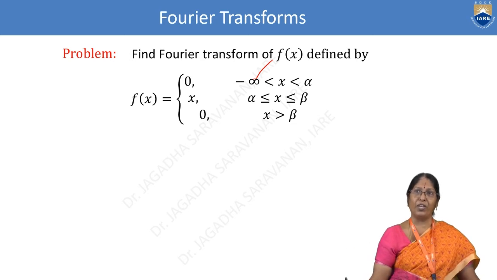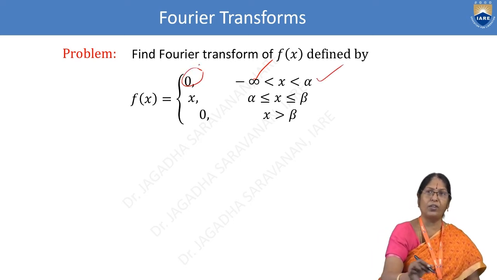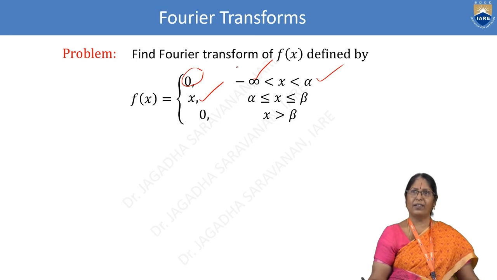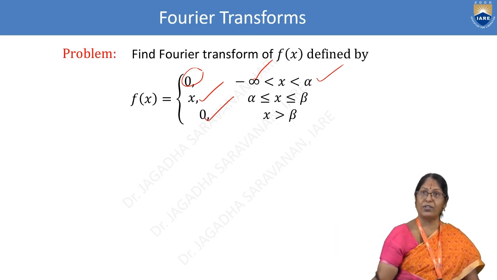But the break is given: minus infinity to alpha, the function is 0. If x lies between alpha and beta, the function is x. If it is from beta to infinity, the function is 0.